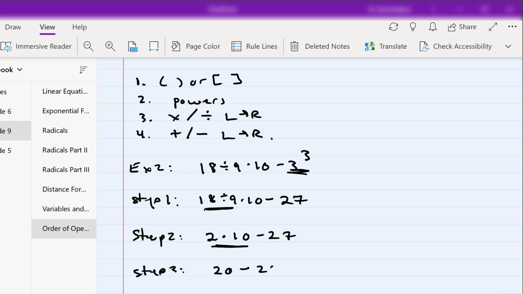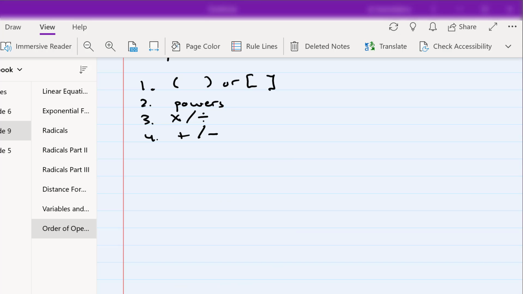Minus 27. The last step, step 3, will be subtraction, working from left to right. 20 minus 27 is minus 7. Please notice for each example, I'm writing the steps above so that we keep that fresh in our mind.